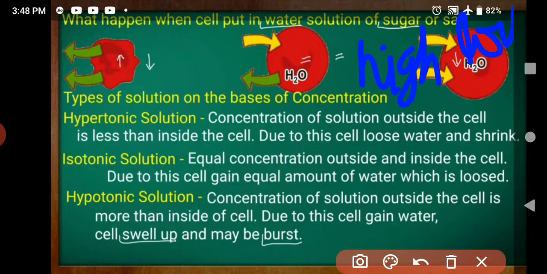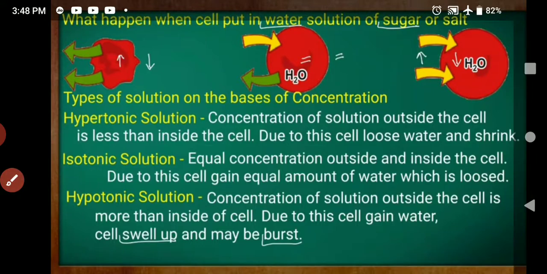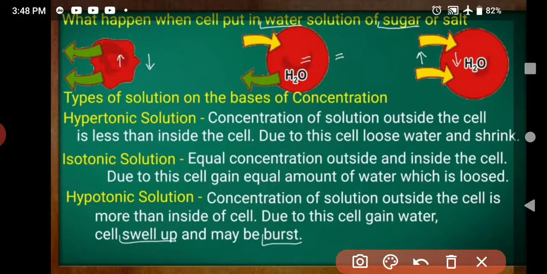So water moves from outside the cell to inside the cell, because outside the cell concentration is higher than inside the cell, and this is called hypotonic solution. Concentration of solution outside the cell is more than inside the cell, and due to this the cell gains water. Due to hypotonic solution, the cell gains water, swells up and may burst.